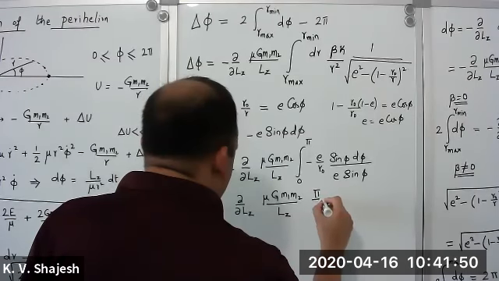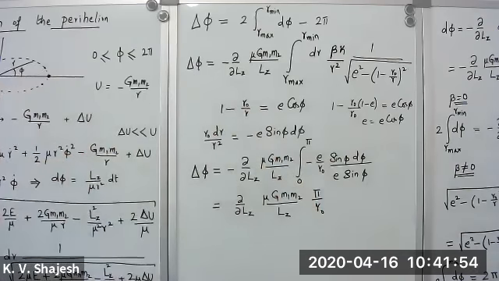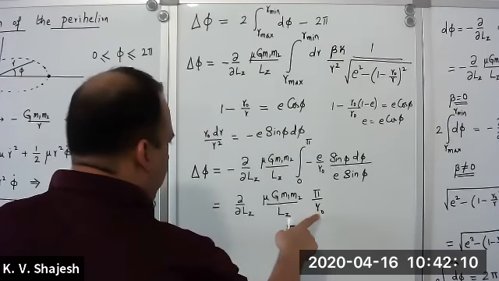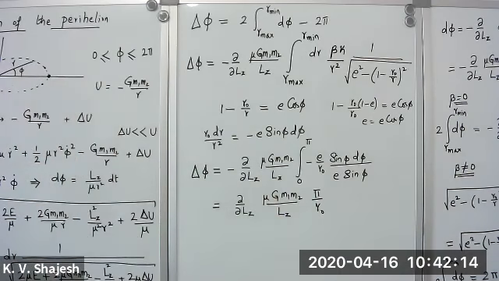Pi over r naught. What is r naught now? Remember my r naught. R naught was lz square over mu G1 G2. So there is another lz square in here, and there is a mu G1 G2 in the denominator.